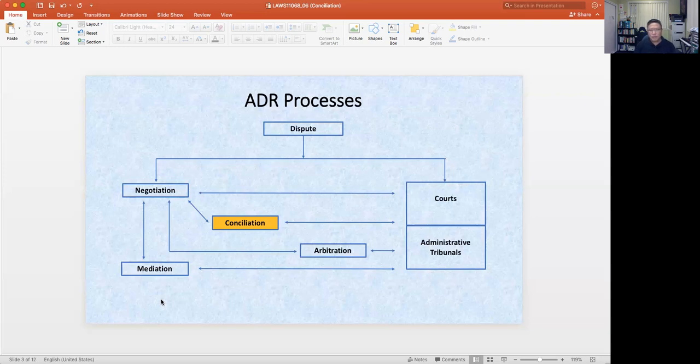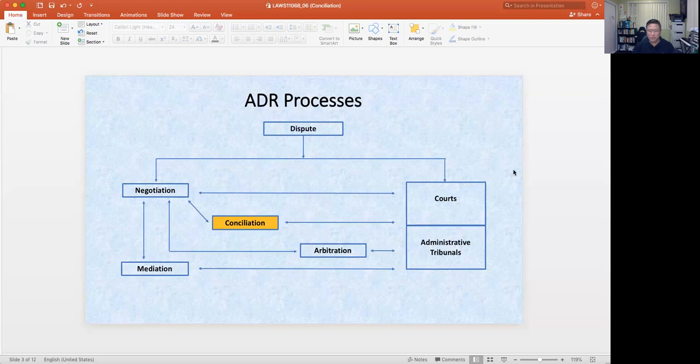The one thing we need to remember is that parties, oftentimes, when they have a dispute, try to negotiate towards a settlement because they want to avoid having to go to court. As we know, and from experience for some of us, having to go to court is an expensive process.